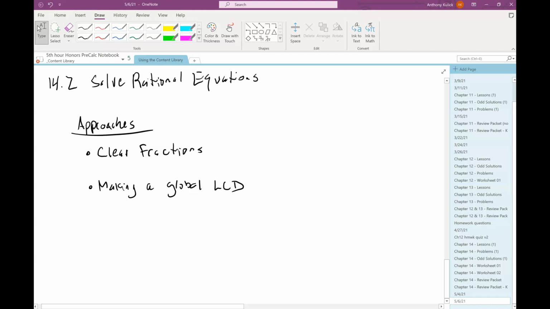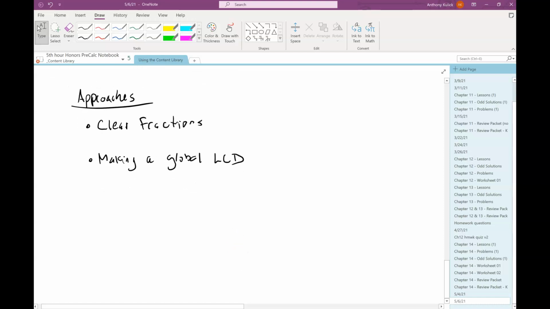The benefit of clearing fractions is that the first step is you just get rid of all the fractions in the problem, which is usually preferable for students. We typically don't like fractions. So let's go through and do some examples of varying difficulty to get a flavor for what to do here.